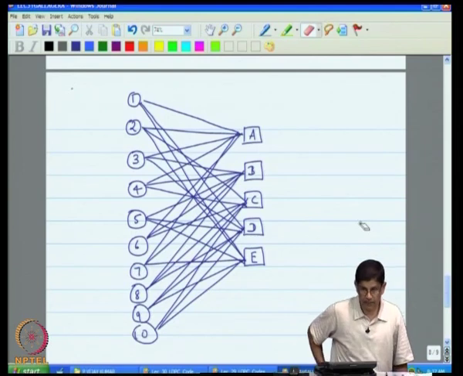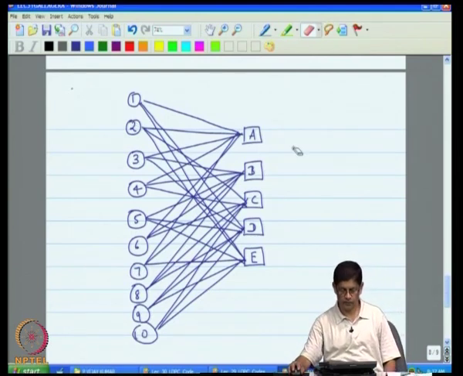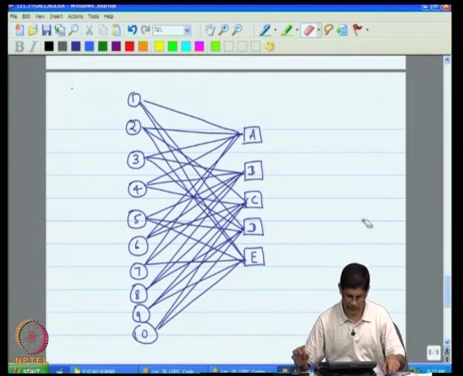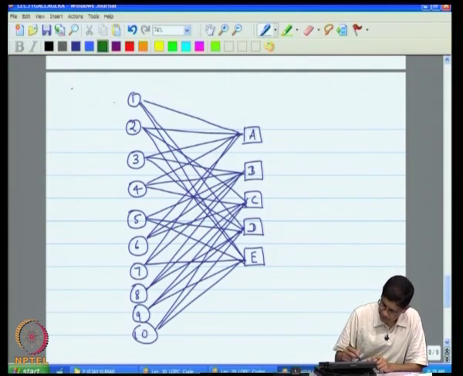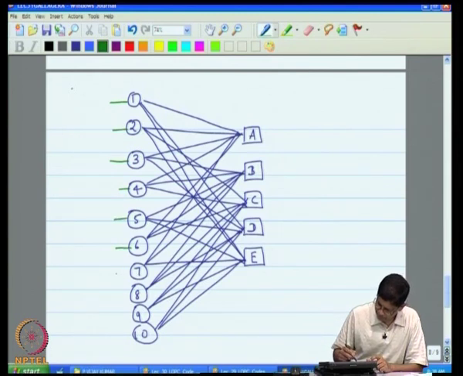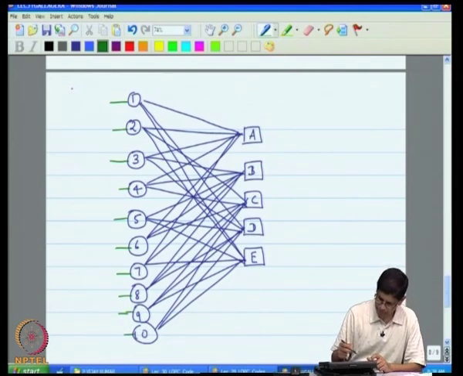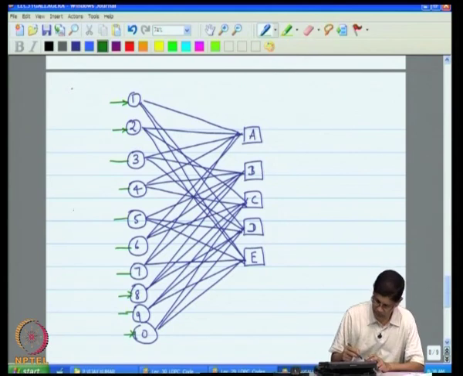What is going to happen is that we are passing messages back and forth on this Tanner graph, and let me just add one other small change. Let us also depict the input that is coming in from the channel to each of these nodes. Okay. So, this is the channel input.